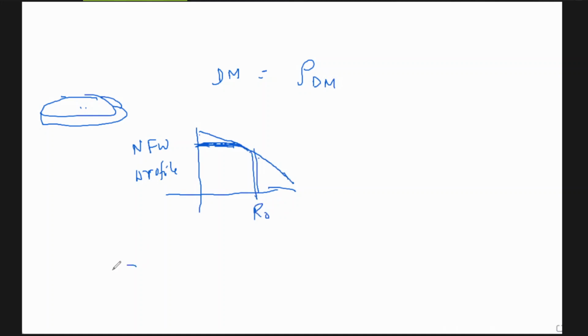So the picture now is that this is the visible part like a disk, but the dark matter goes 10 times the distance of the visible galaxy, and it is like a sphere. The density of that sphere is constant in the beginning, near the galaxy, and then it falls like this.